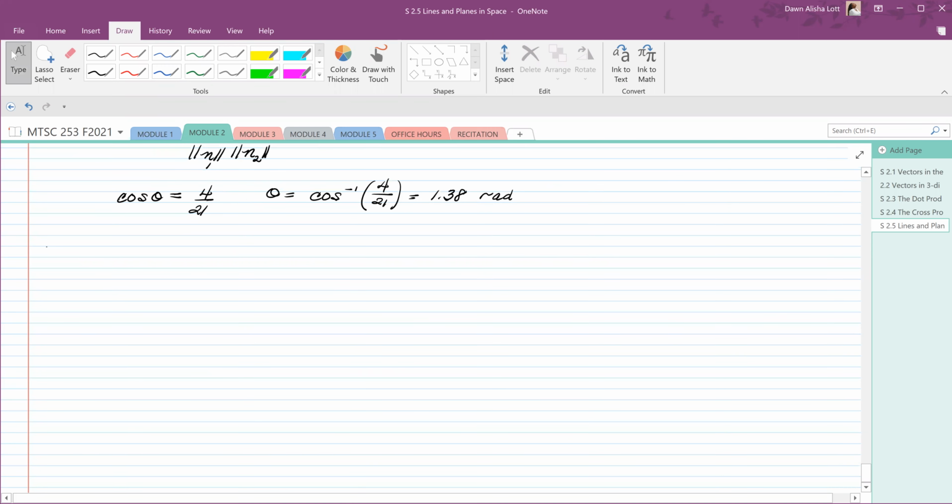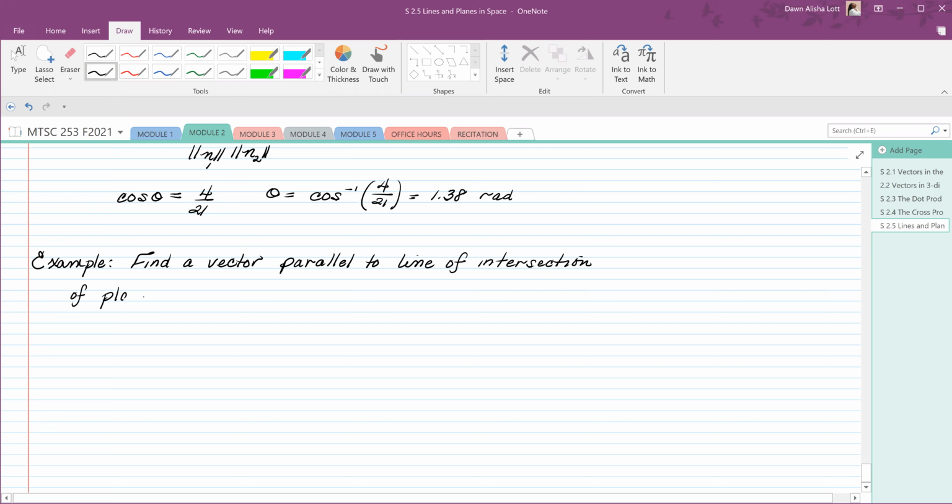Here's another type of problem you may have to do. Find a vector parallel to the line of intersection of the planes 3x minus 6y minus 2z equals 15, and the same two planes, 2x plus y minus 2z is equal to 5.